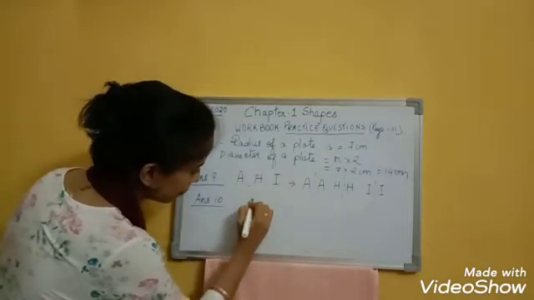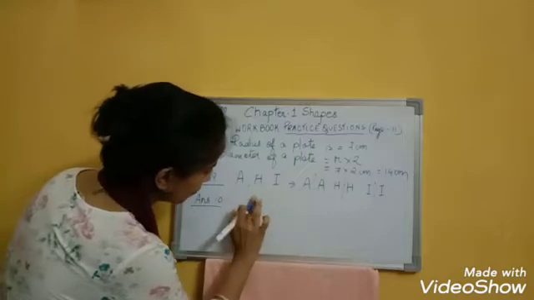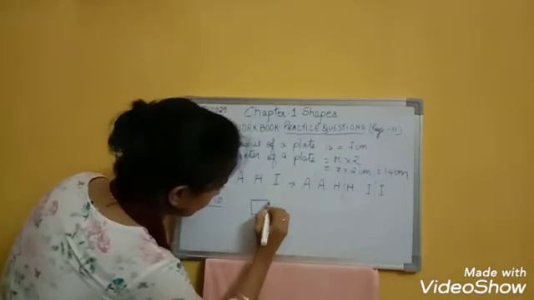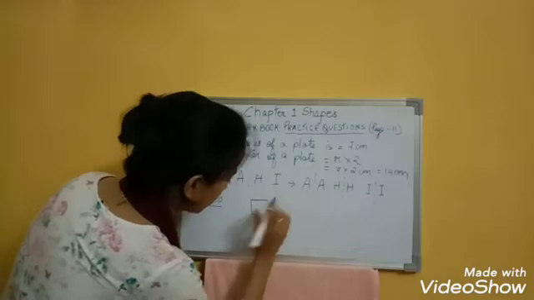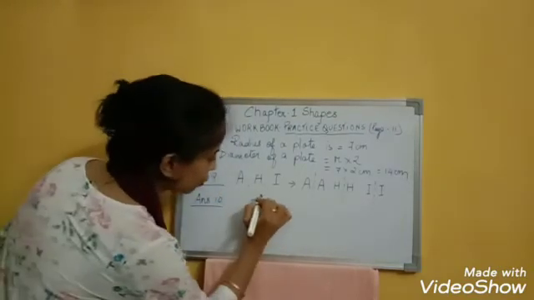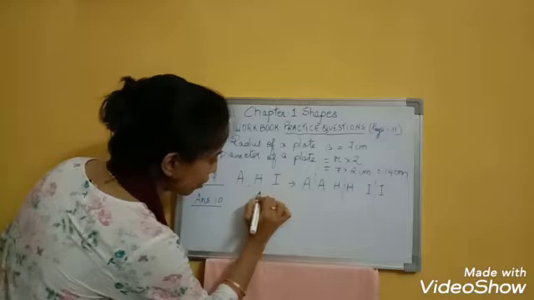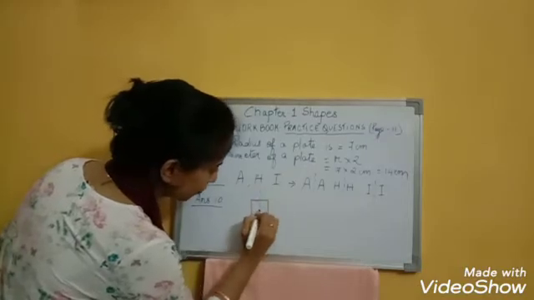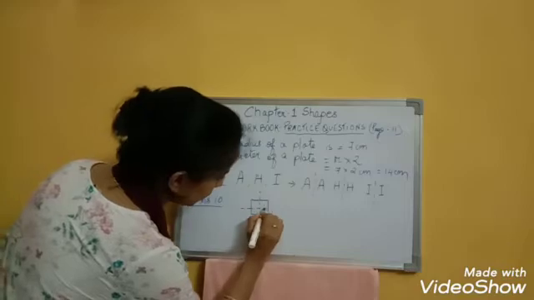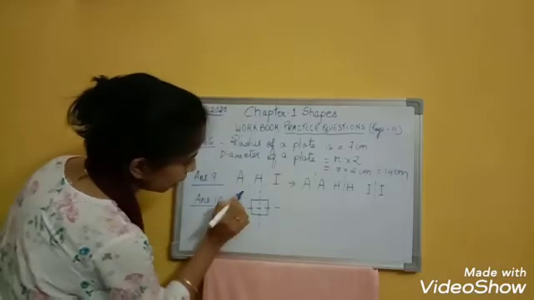Square. How many lines of symmetry can you draw to a square? You can draw vertically 1, next horizontally, next diagonally.